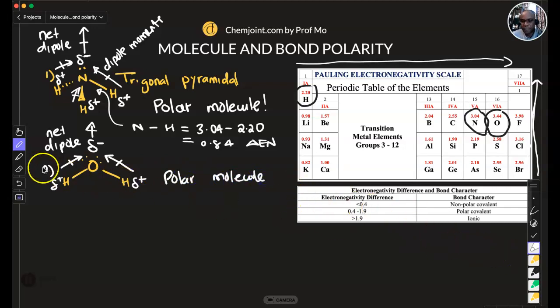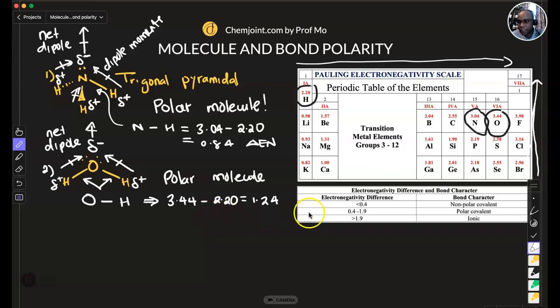If you want to justify the polarity of the OH bonds, just look at one of the sides. Take the electronegativity of oxygen minus the Pauling scale value of hydrogen: 3.44 minus 2.20. Our answer will be 1.24.